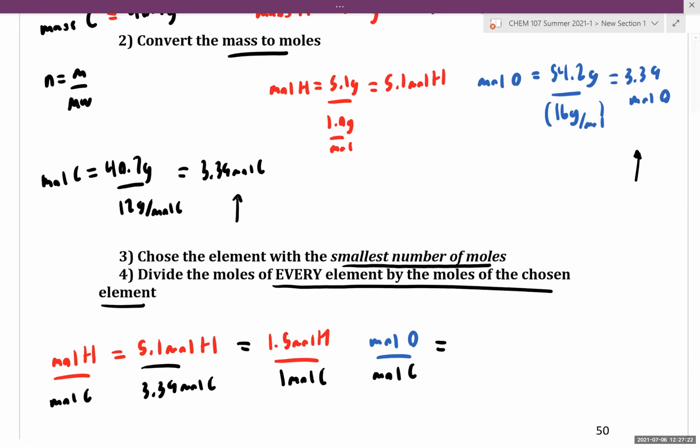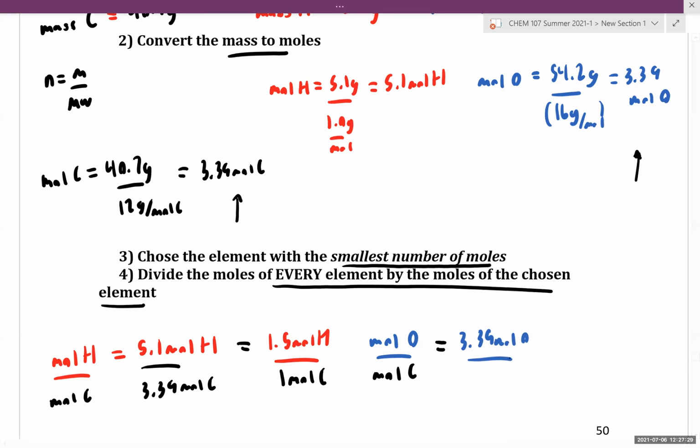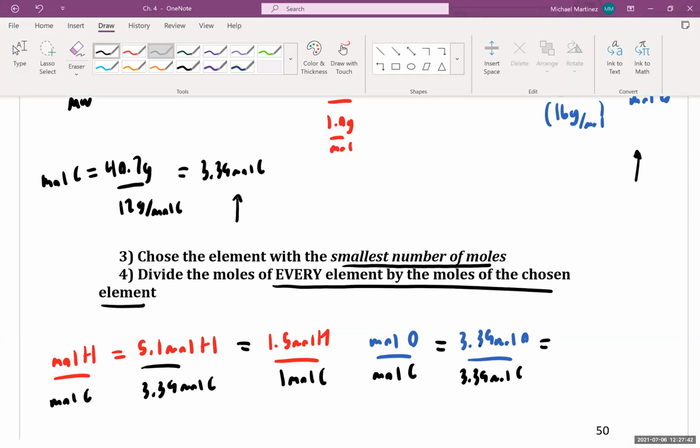Let's punch in some numbers. So for oxygen, we have 3.39 moles of oxygen. And for carbon, we have 3.39 moles of carbon. So what mole to mole ratio would this simplify to? 1 to 1. 1 to 1, exactly right.